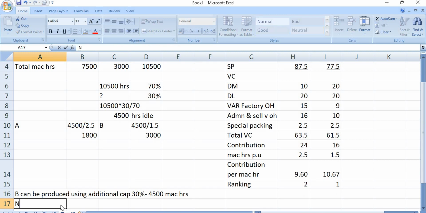How many units can be produced? Number of units of B produced, we already calculated: this is 4500 divided by 1.5, 3000 units.